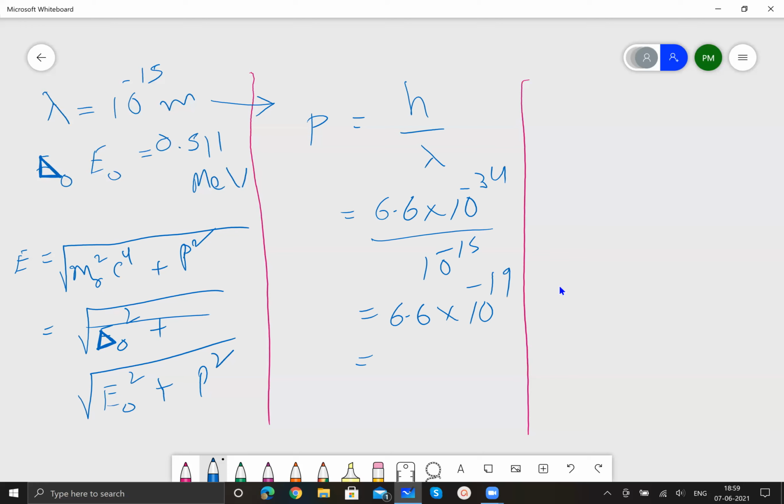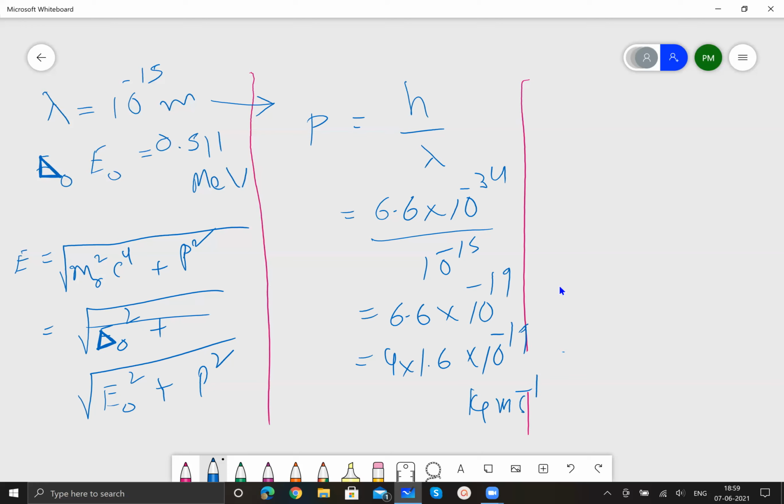Can you approximate it to 4 into 1.6 into 10 to the power of minus 19 kg meter second inverse, correct?